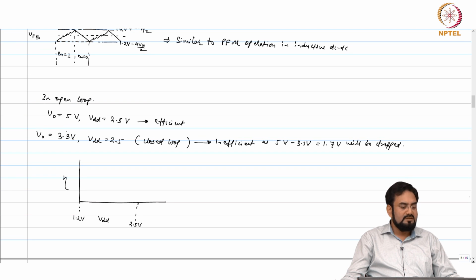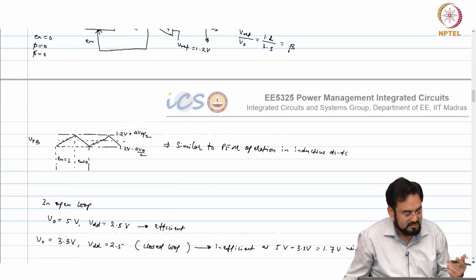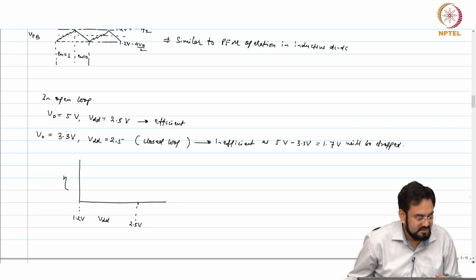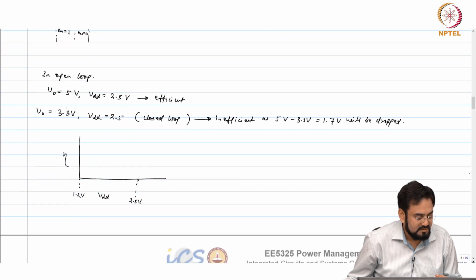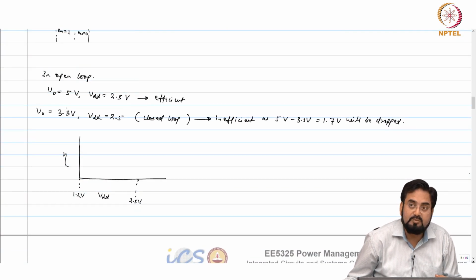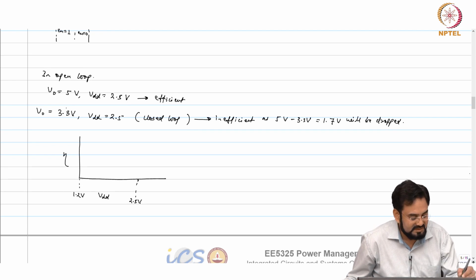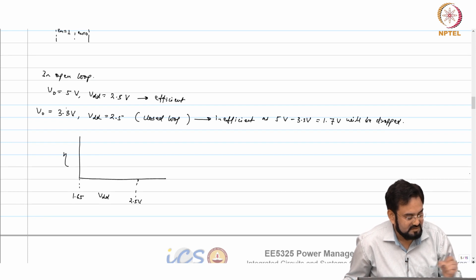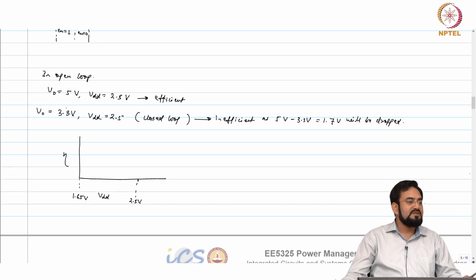It is a 2x. 2.5 is 5 volt. 1.2 volt is not correct, how much is it? 1.65. So, 1.65 into 2 is 3.3.